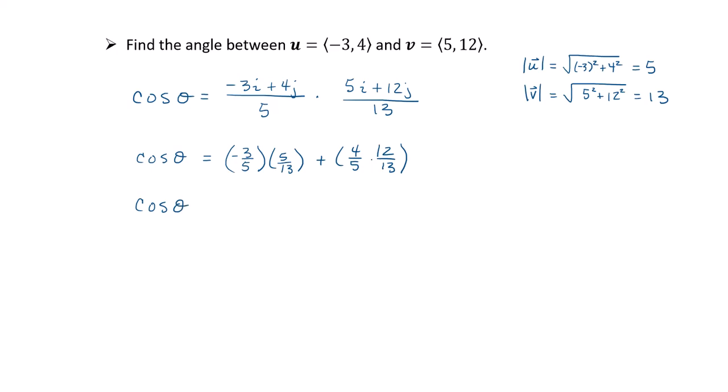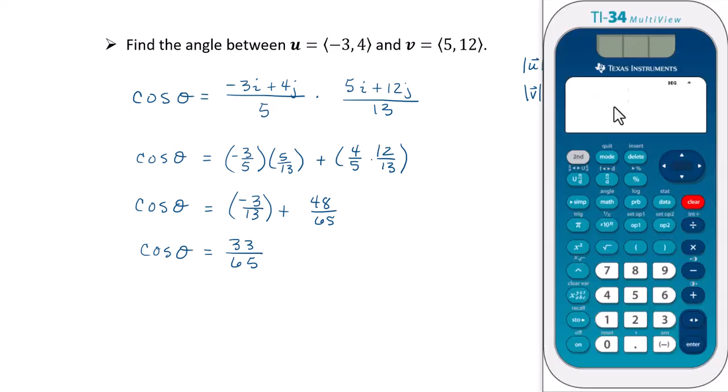So the cosine of theta is equal to negative 3/13 plus 48 over 65. So the cosine of theta is 33 over 65.